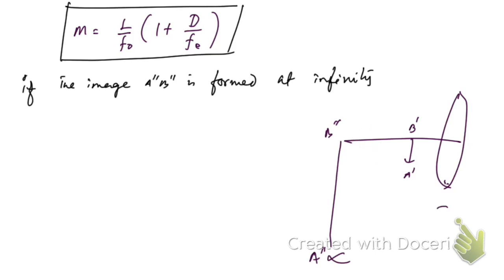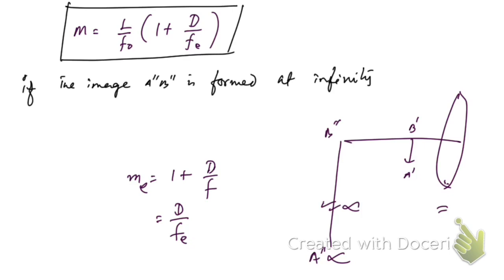As you know, for a simple microscope the magnification is m equal to 1 plus d by f, and when the image is formed at infinity, it becomes approximately d by f. In this case m is going to be equal to d by fe.